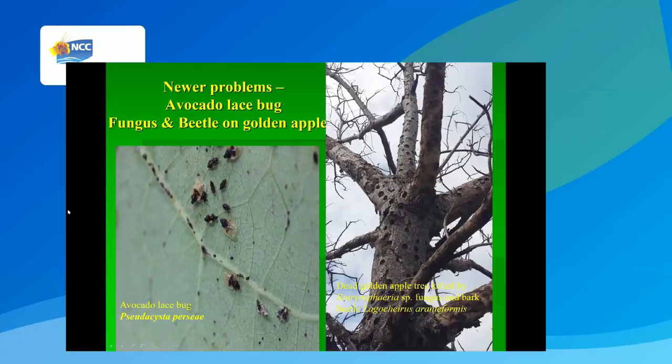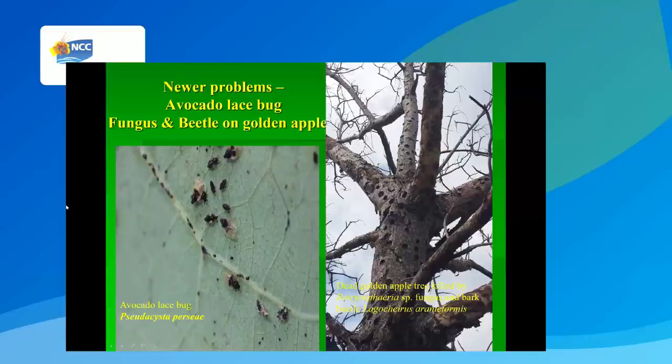And when that fungus attack comes into the tree and the tissues begin to die, they attract a bark beetle called Lagopyrus rainiformis. And that is what produces those large holes all over the tree. It looks like somebody has shot it with a high-powered rifle or something like that.